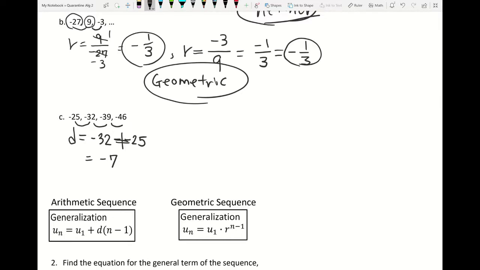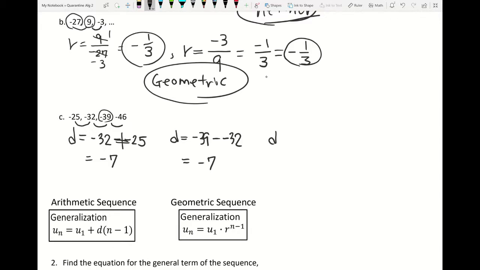Now you can't stop right here. Let's keep checking. Again, you pick negative 39, and then you're going to subtract the previous number. Subtract negative 32. And again, you get negative 7. At this point, you can just stop, but let's double check, triple check.